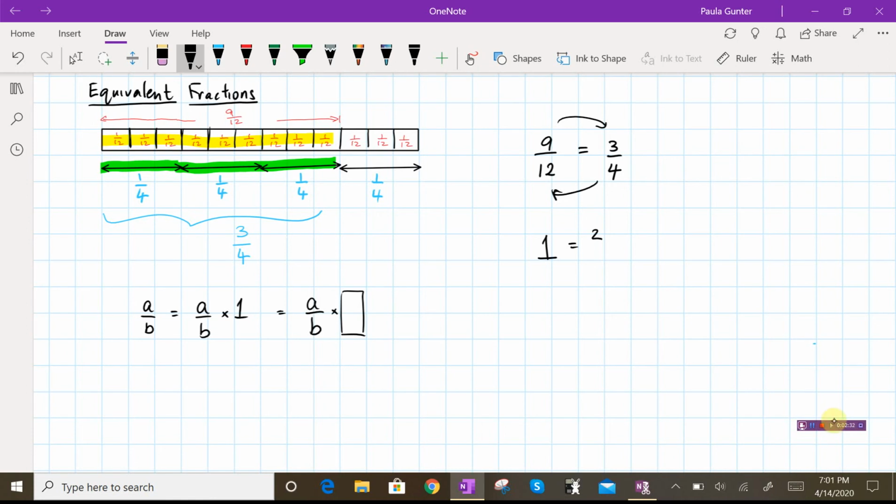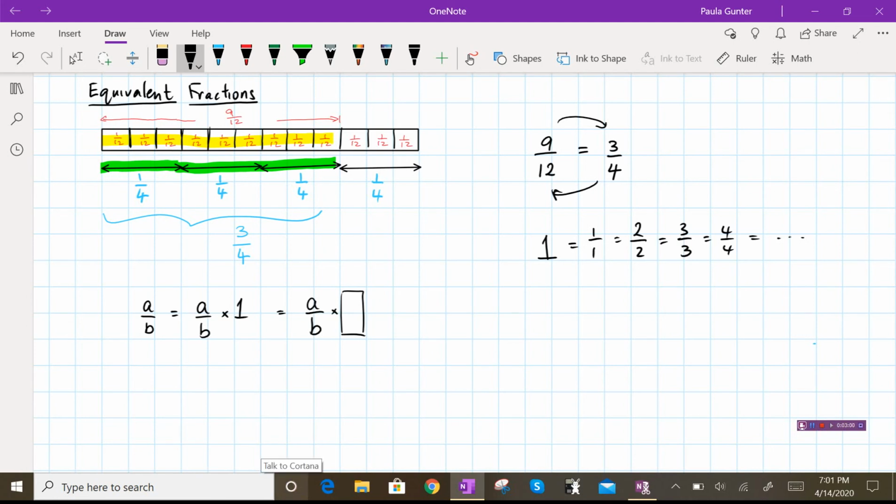It was 1 out of 1, 2 out of 2, 3 out of 3, 4 out of 4, and we could continue. As long as we had the same number in both the numerator and denominator, we knew that we were getting back the same fraction. So let's start with the 3/4.